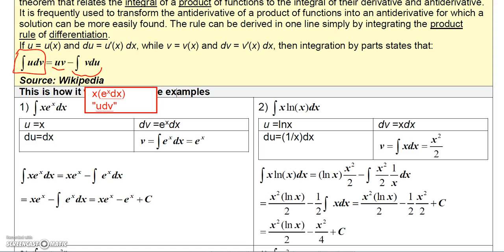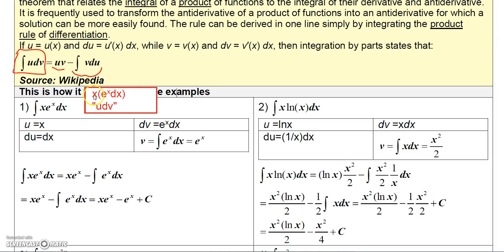So let's take a look at this integral here where I have x times e to the x dx. What I'm going to do is think of this as two factors. One factor is going to be x, and the other factor is going to be this product, e to the x dx.